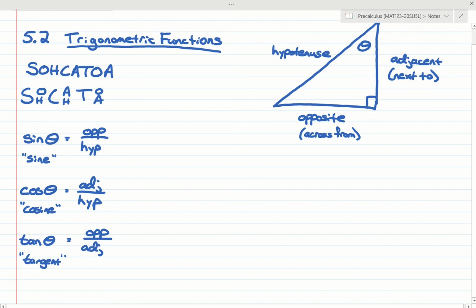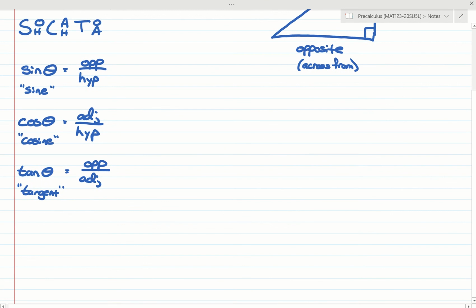Now those 3, most of you probably already heard of, but we're actually going to talk about their reciprocals as well. When we're talking about their reciprocals, we write C, S, C. The first C stands for cosecant, and it's abbreviated CSC. And these are just the 3 main reciprocals, meaning if sine is opposite over hypotenuse, cosecant is going to be the hypotenuse over the opposite side.